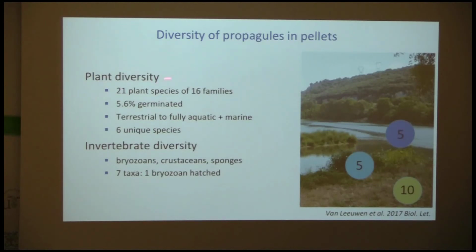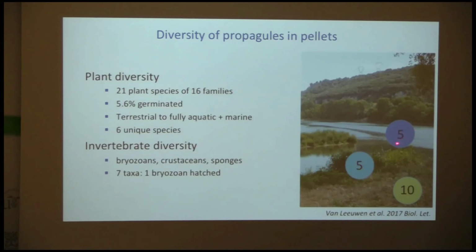As for the plant diversity, we found about 20 plant species, of which most were terrestrial plants, actually, that maybe dropped into the water, and then the fish would forage on them, and then the cormorant would forage on the fish and then drop the pellet hopefully back onto the land.